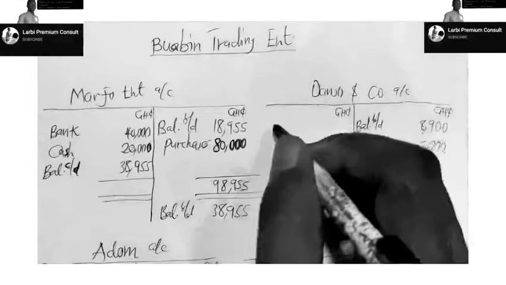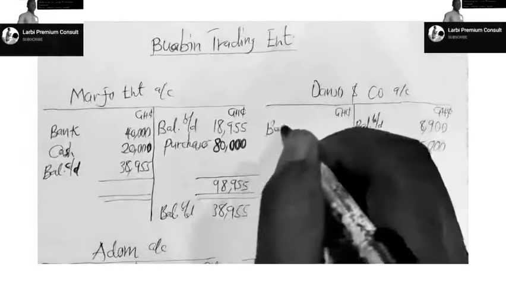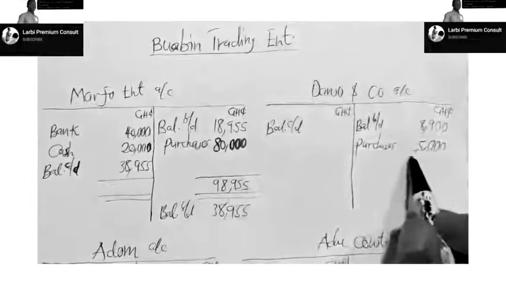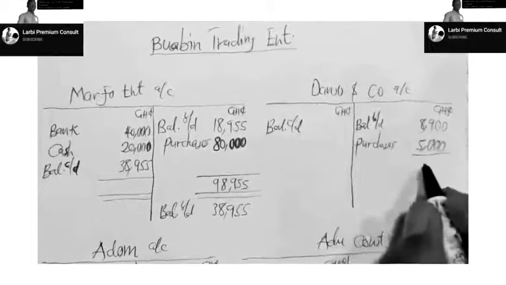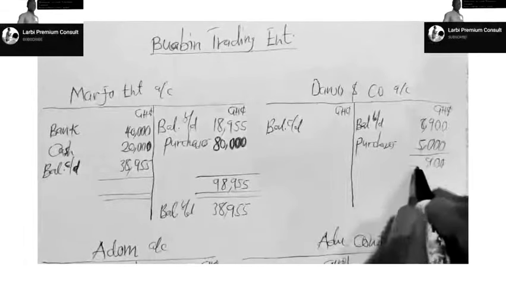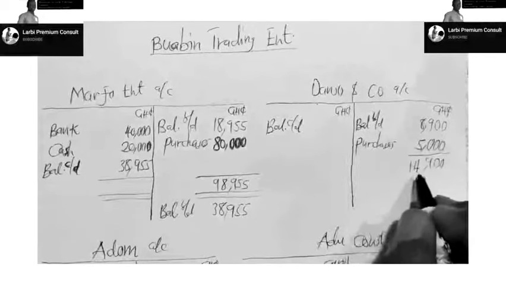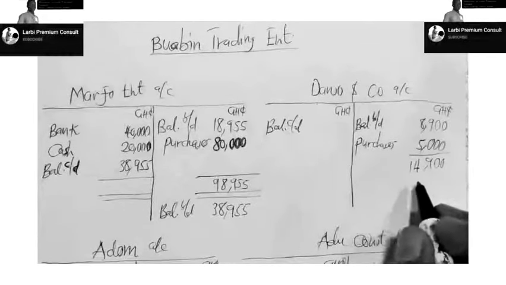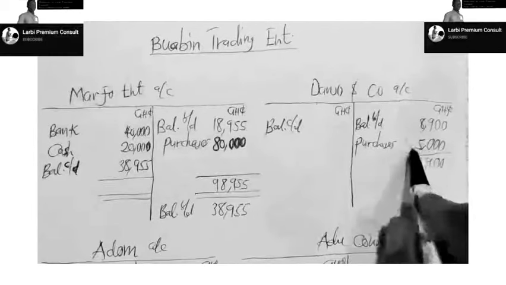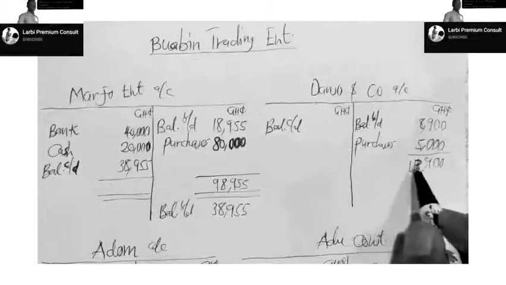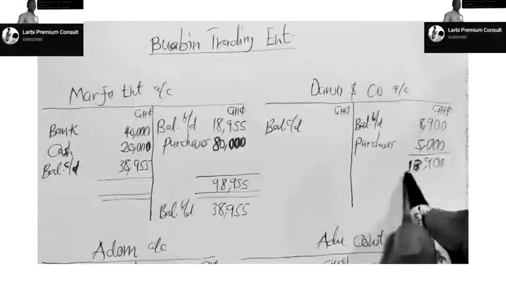So I'm going to have my balance carry down. That will be the total, right? The total will be 900, then 14,000, sorry, let's see. Here is 13,000 rather. 8 plus 5 is 13, right?